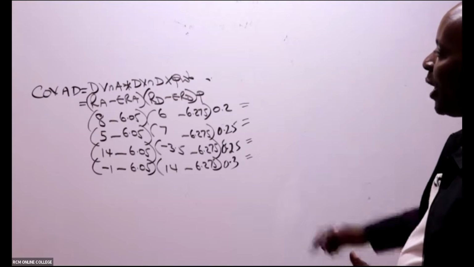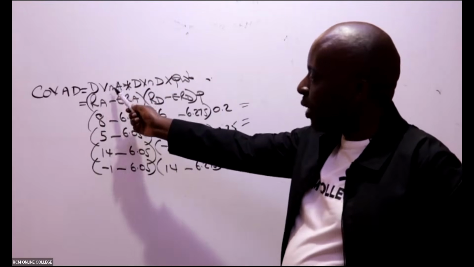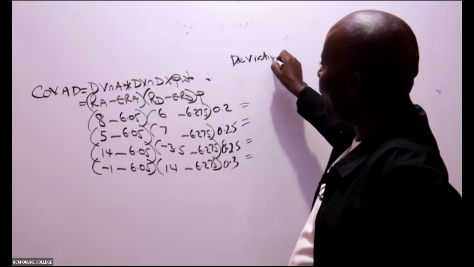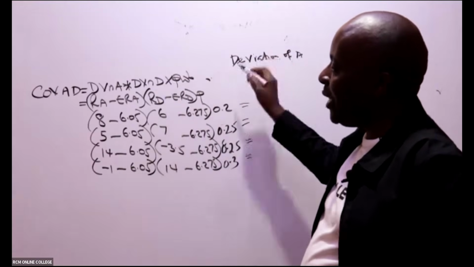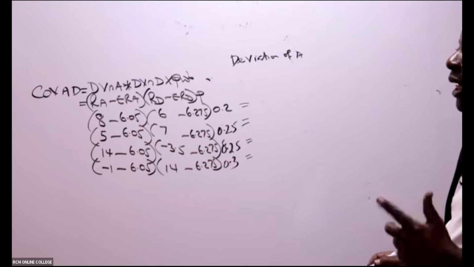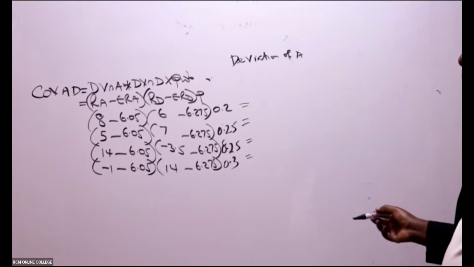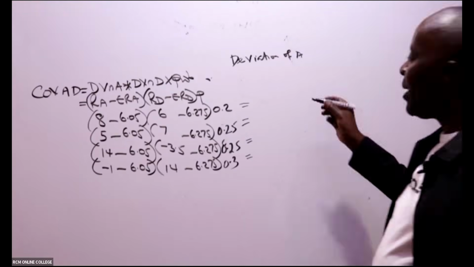The covariance between A and D is the deviation of A, where deviation is subtraction, multiplied by the deviation of D, because there are 2 of them, delta and alpha, times probability. So the first one I'm being given is negative what?